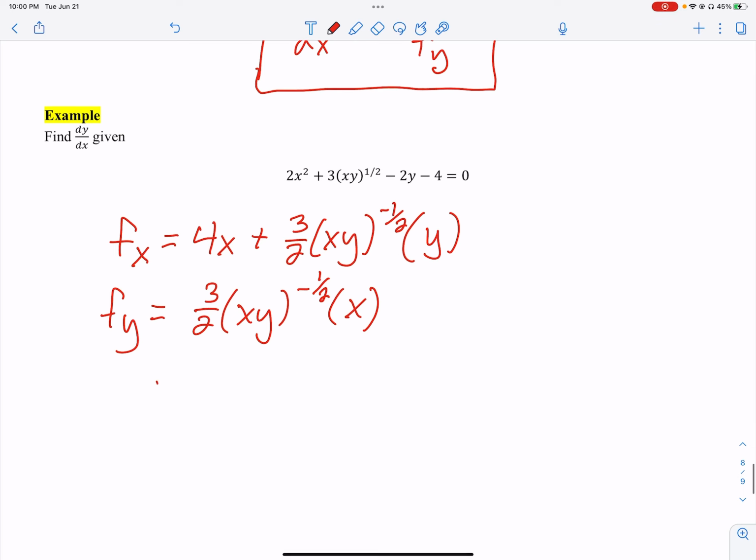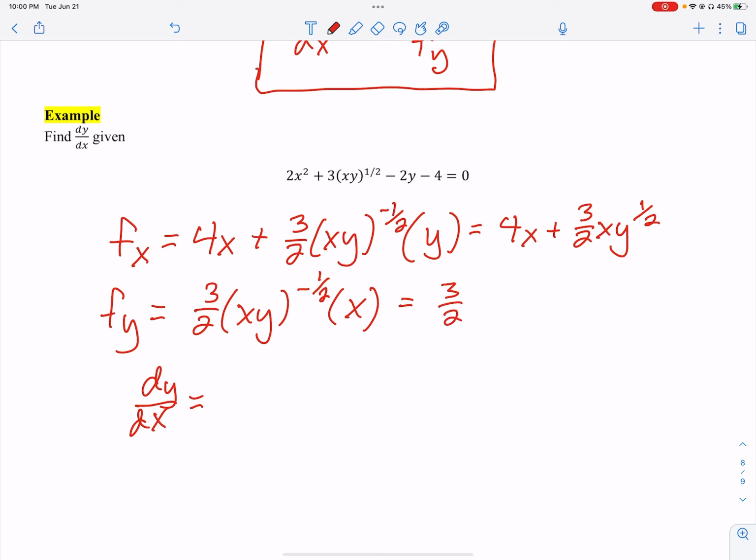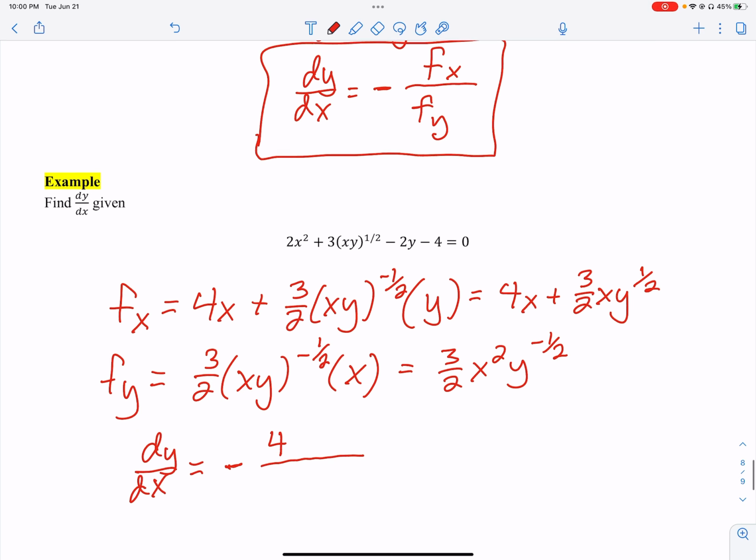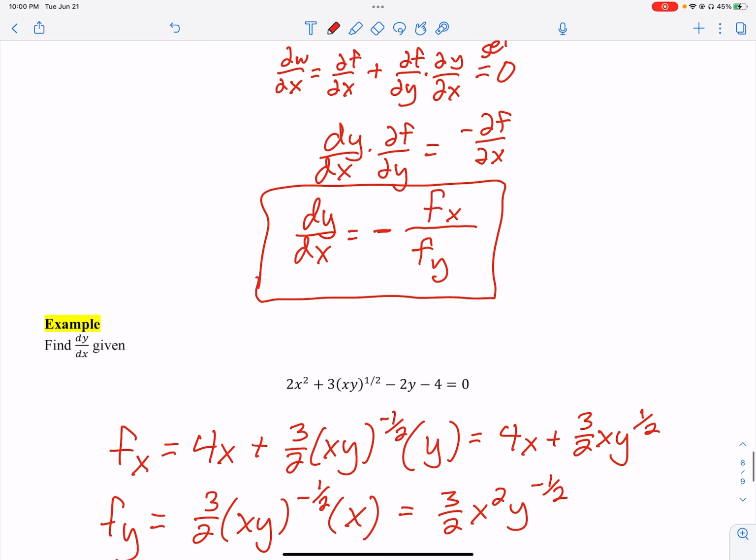So if I want to find dy/dx, I just take that top function. Let's clean these up. 4x plus 3/2 xy to the 1/2. This one is 3/2 x squared y to the negative 1/2. So this is going to be negative, the x goes on top. And then we have to be really careful here.